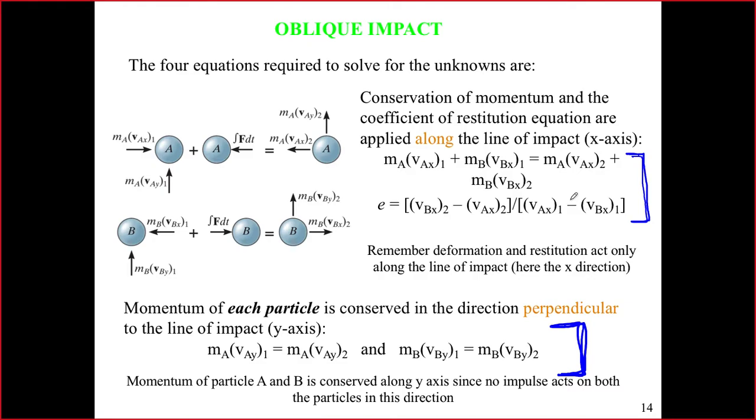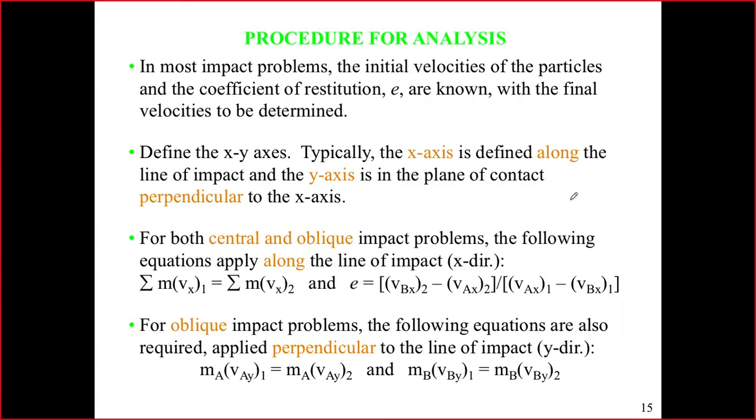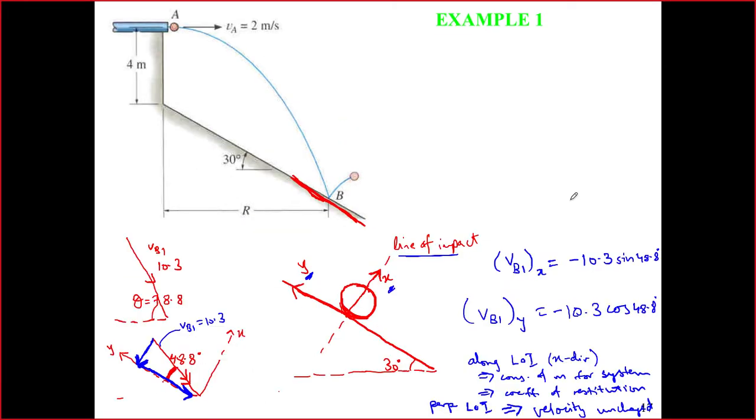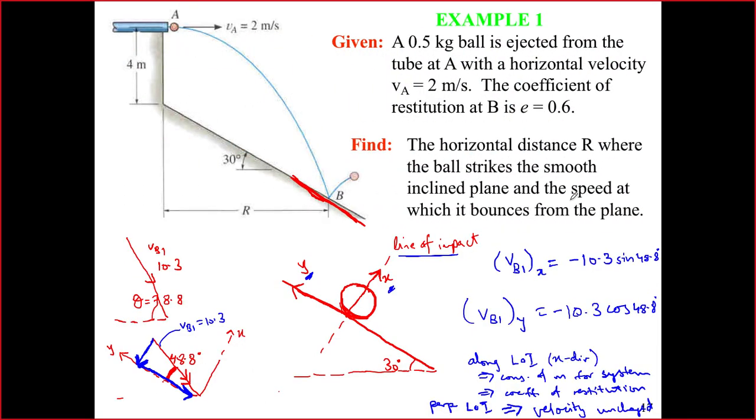So be careful about what piece of information is available along which direction. That is why I have defined my line of impact like so, with the x direction along it and the y direction perpendicular. Now let's consider each individual direction.